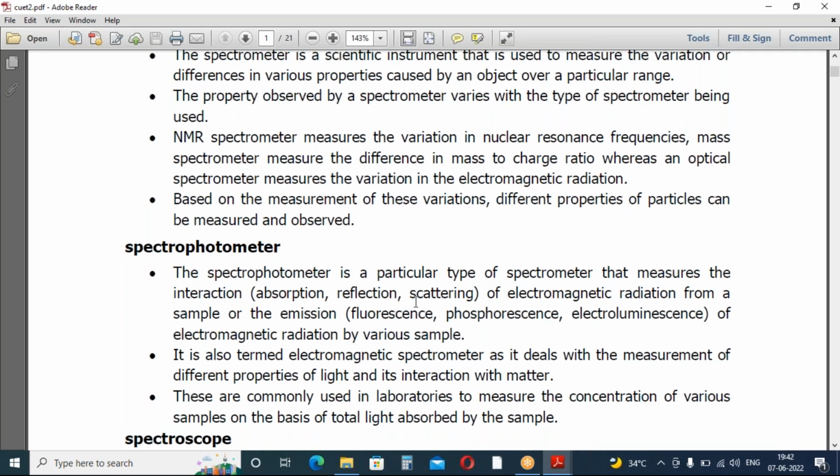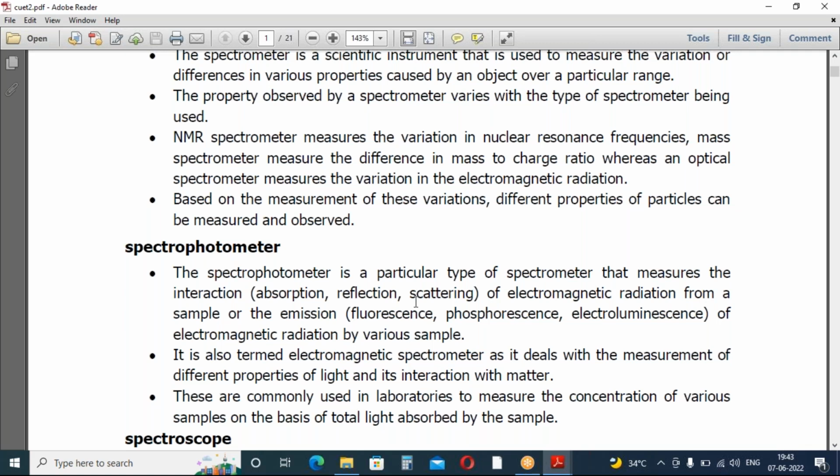Whereas reflection means how much light is reflected, and at what wavelength it is reflecting, and depending upon that reflection we can observe the molecules. Whereas scattering means how the light radiation is scattered, and based on the scattering power of that molecule, we can also detect different types of molecules present in the mixture.